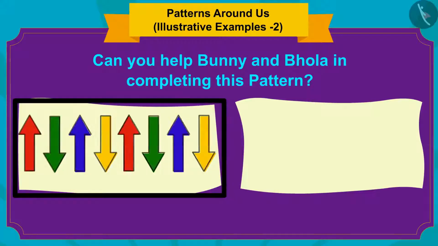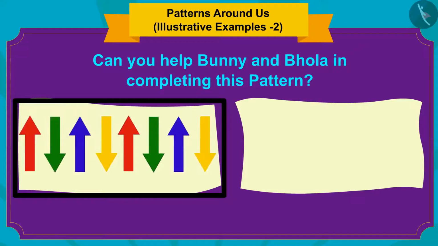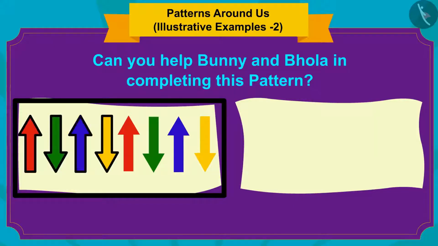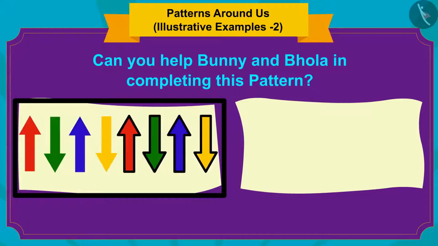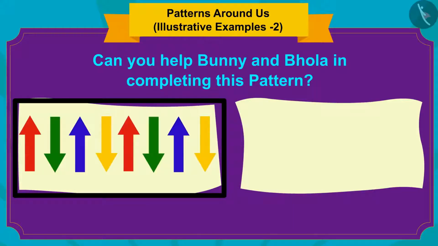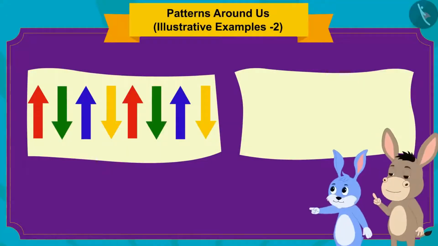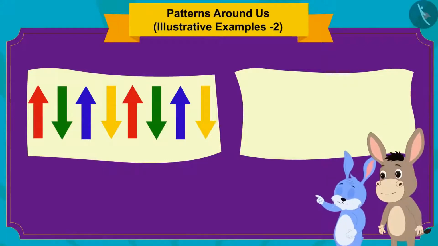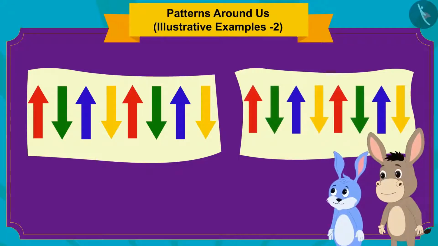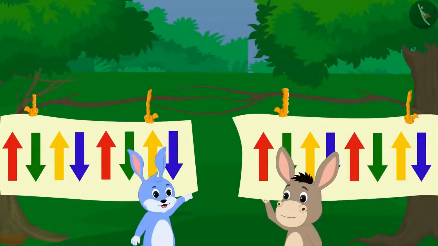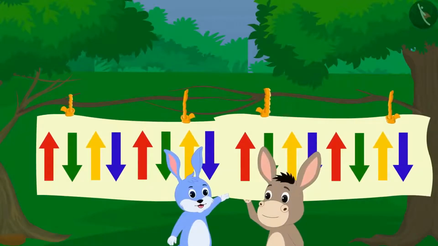Here, in the pattern of the curtain, a group of such red, green, blue and yellow arrows is repeated, thereby making the pattern. Bhola and Bunny made this pattern on the other side of the screen with your help, and then pulled the two curtains closer and completed the pattern.